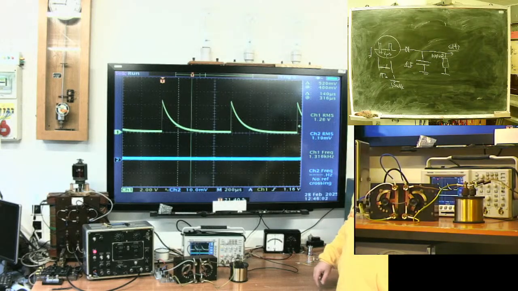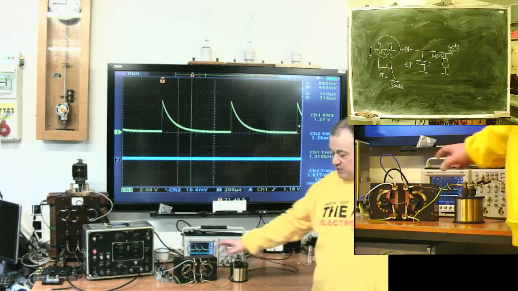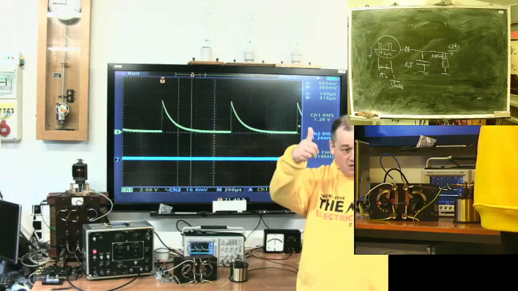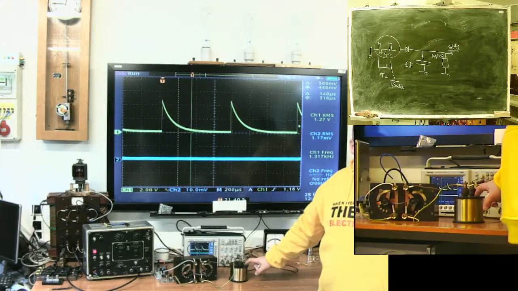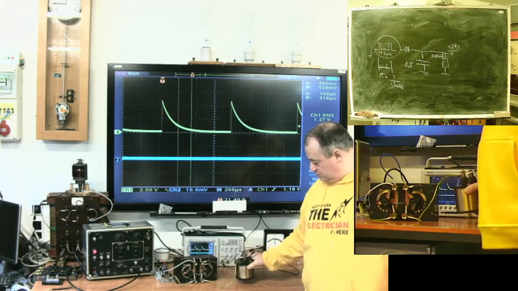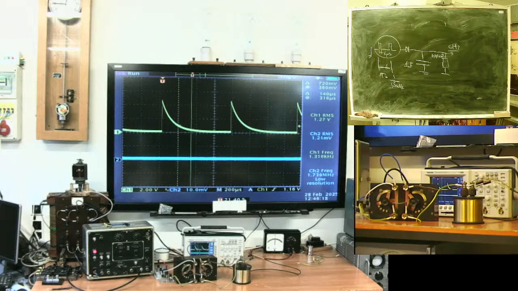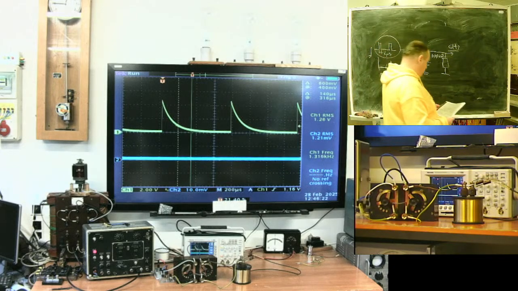Resulting voltage: at each pulse, the capacitor charges and discharges through this resistance barrel. So here is my set of exponential pulses.